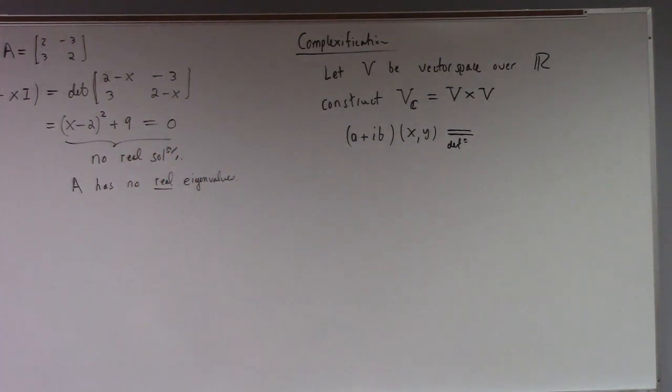I'm going to show you how to make V cross V into a complex vector space. We already know how to add vectors because we just add pairs by adding components. All that I need to do is give you a way to multiply a complex number on this pair. How do you do it?